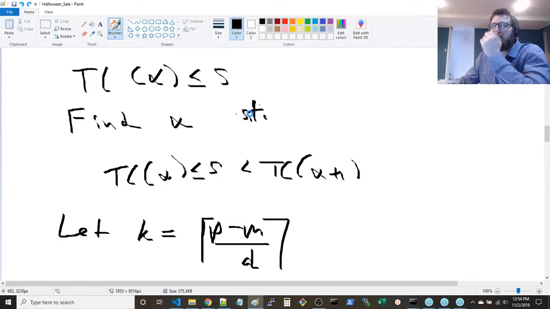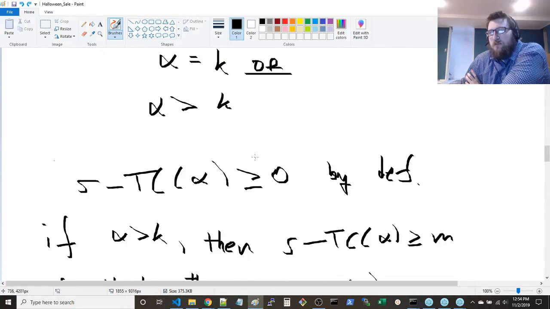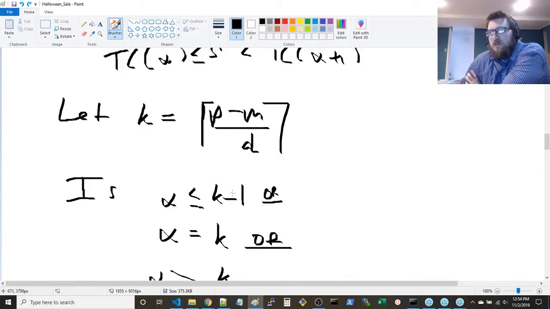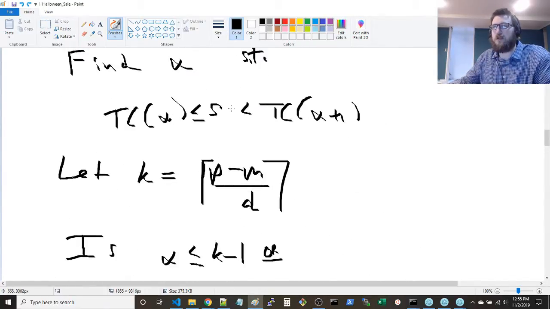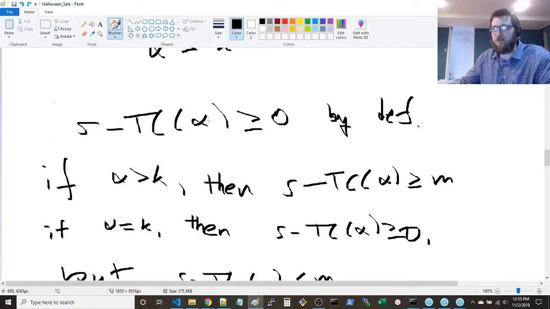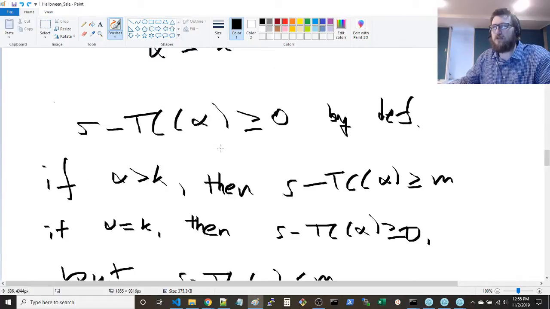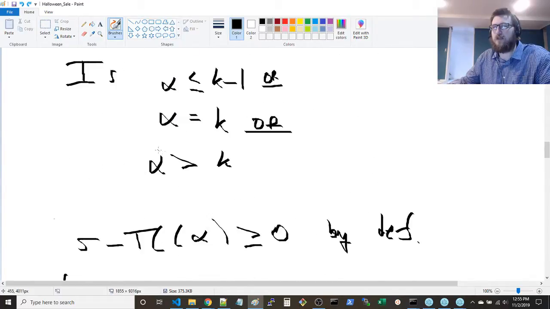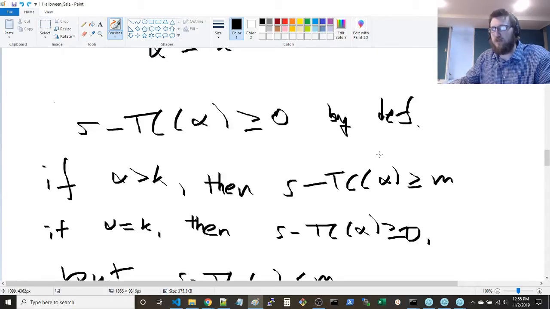Now the thing to consider is if alpha is less than or equal to k minus 1, then what we can start with is we know by definition we have this relationship between alpha and s given here. This is equivalent. And then if alpha is greater than k, then by the definition of the problem this difference has to be greater than or equal to m.